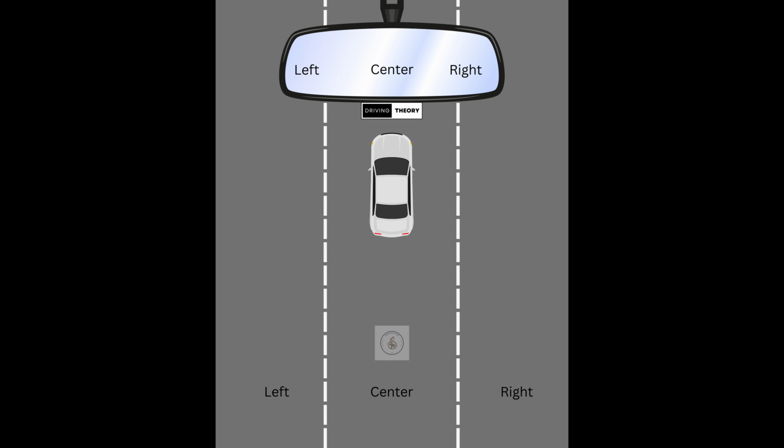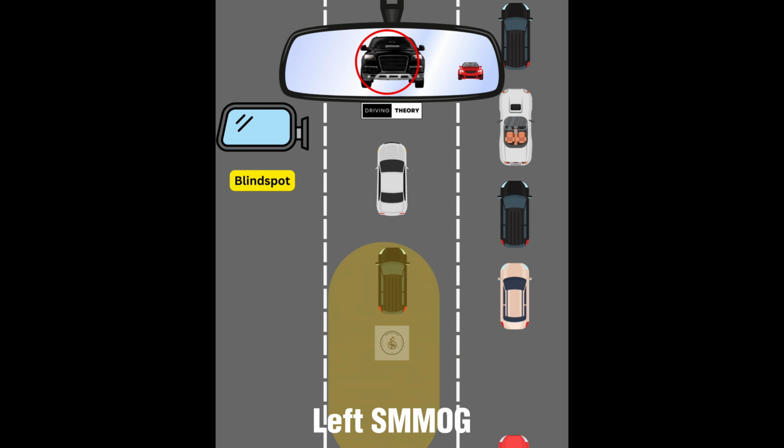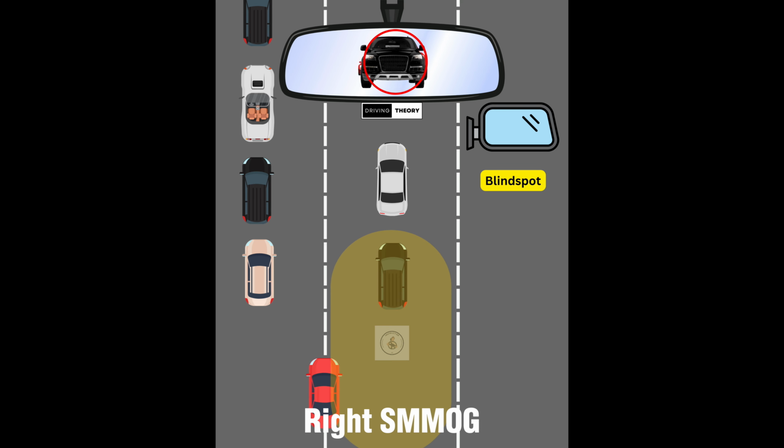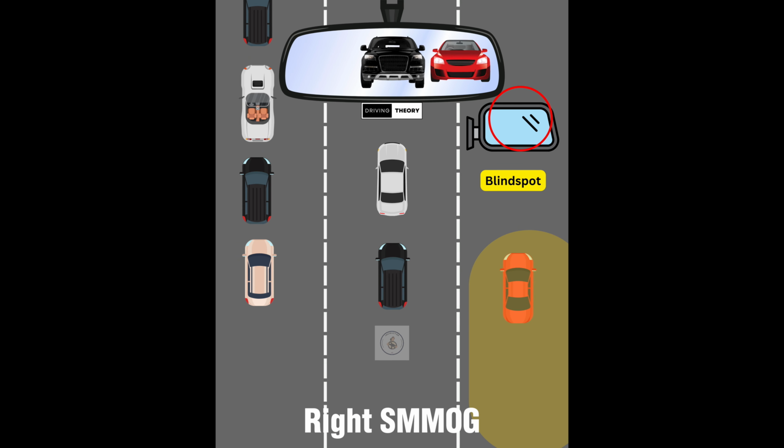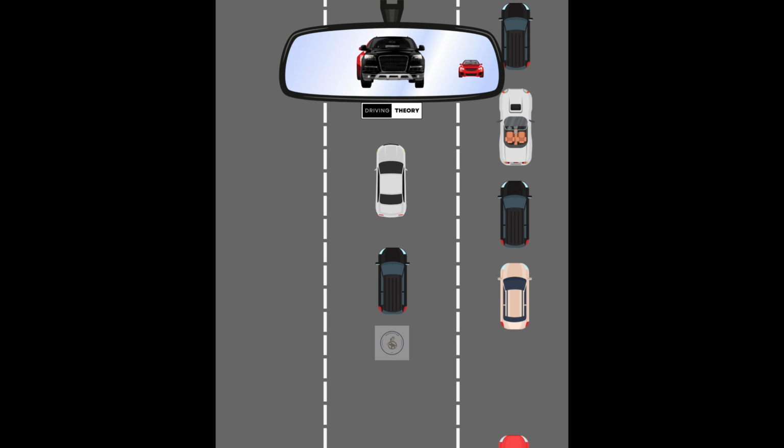This is how it should look to perform a left SMMOG. The circle and shaded area represent where the driver is looking. Then this is the right SMMOG. By performing a proper SMMOG, you will avoid these types of accidents.